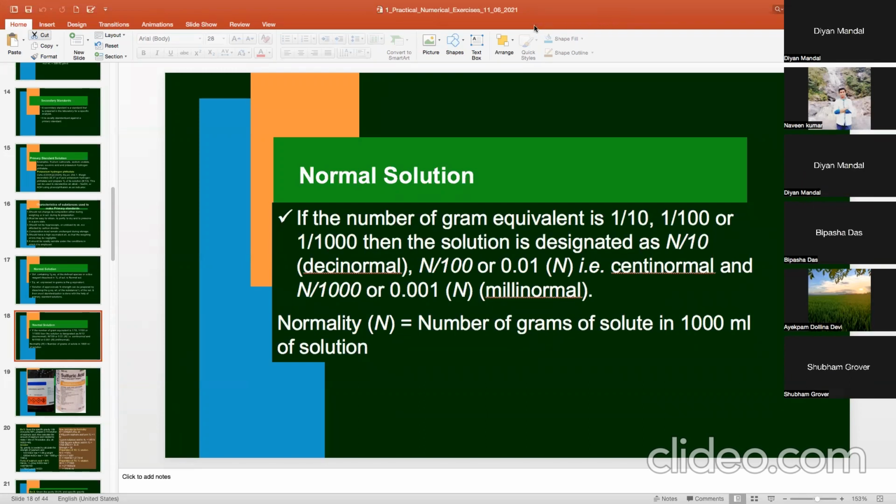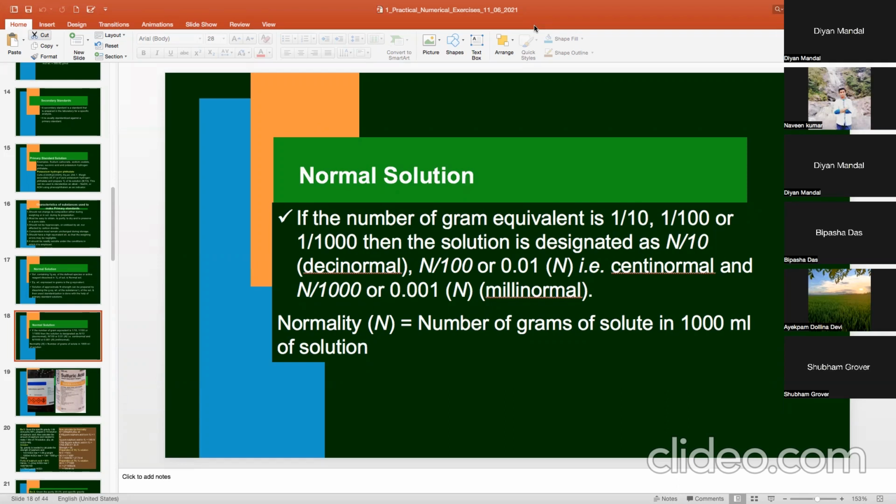Yeah, the question is: suppose you got sulfuric acid and on the bottle it is written 36 normal. Right now I told you how to get 1 normal solution. In that case, on the sulfuric acid bottle it is written 36 normal. Then what does it mean? What is the difference between 1 normal and 36 normal solution?